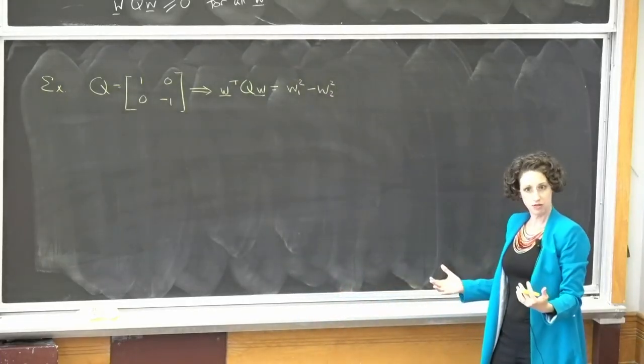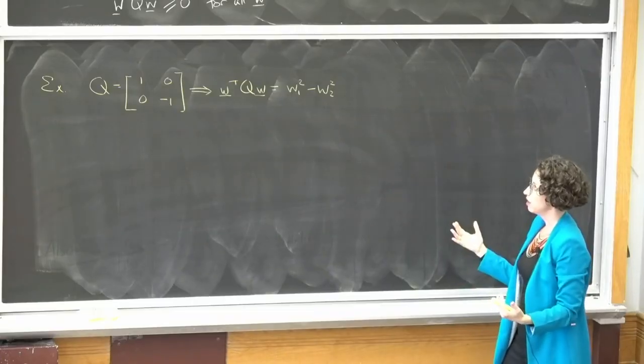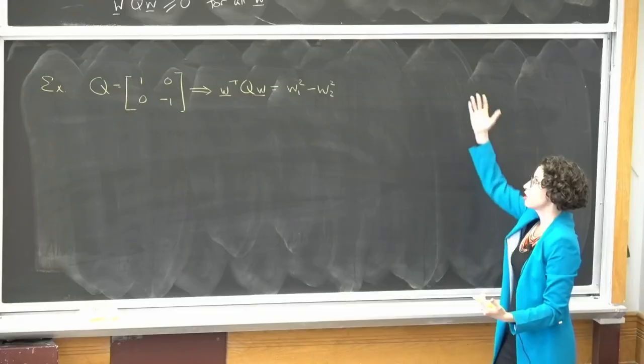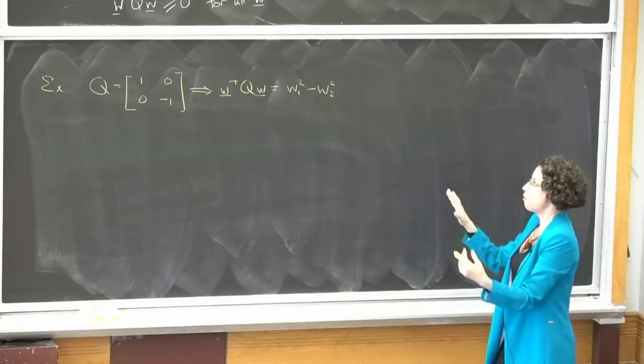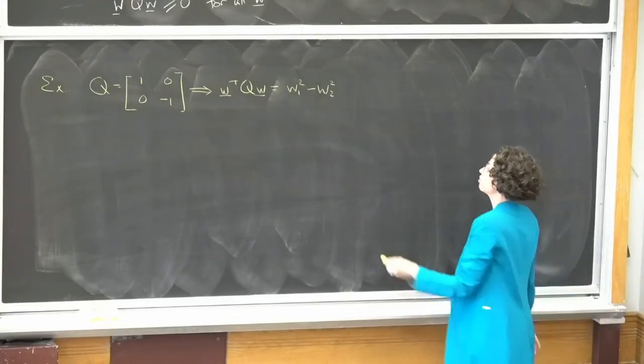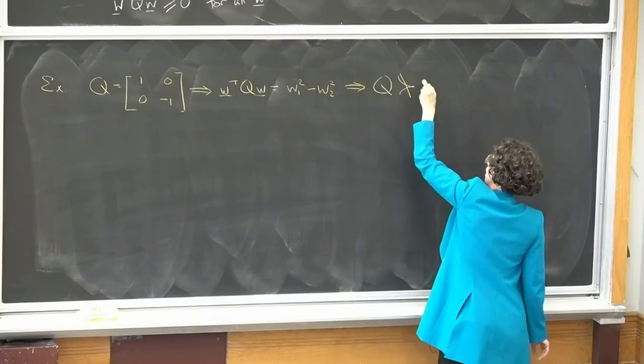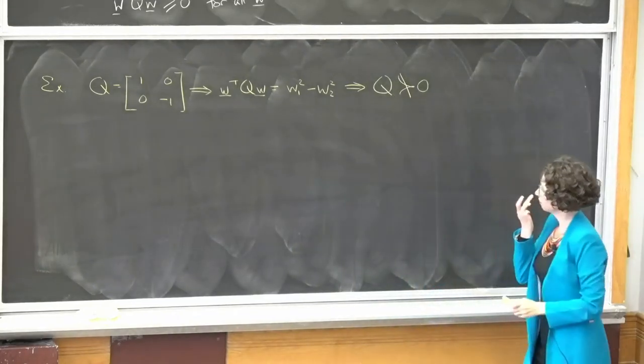And so for some W vectors, this will be positive, and for some W vectors, this will be negative. But in order for Q to be positive definite, it always has to be positive. And so in this case, Q is not positive definite.